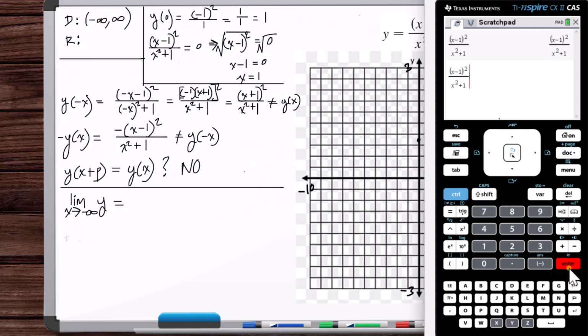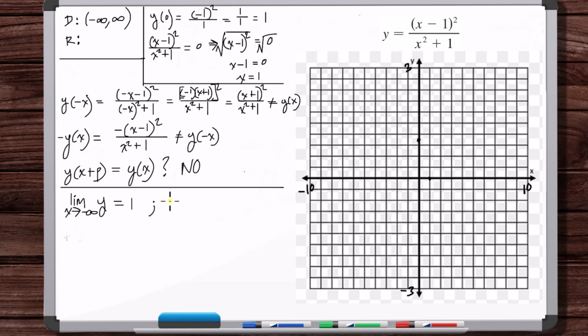Okay, we want to store this. All right, there we go. So now let's take the limit as x approaches negative infinity of the function. It's 1.